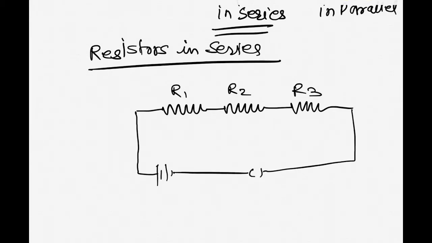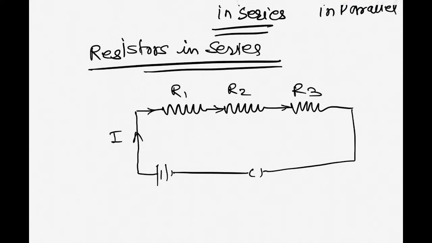The current I will flow through the circuit. This I will go sequentially through R1, then through R2 and then through R3. There is only a single path for current to flow. This type of arrangement of resistors is known as resistors in series.